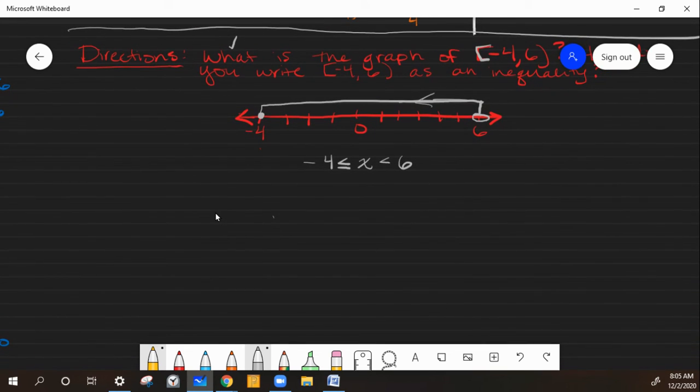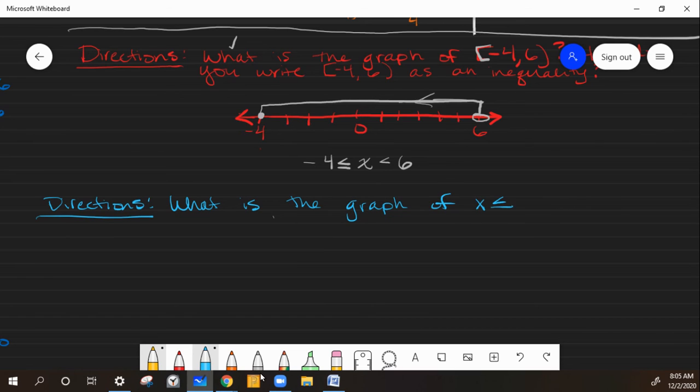Okay, let's look at another example. Some more directions. What is the graph of x is less than or equal to -1, or x is greater than 2?